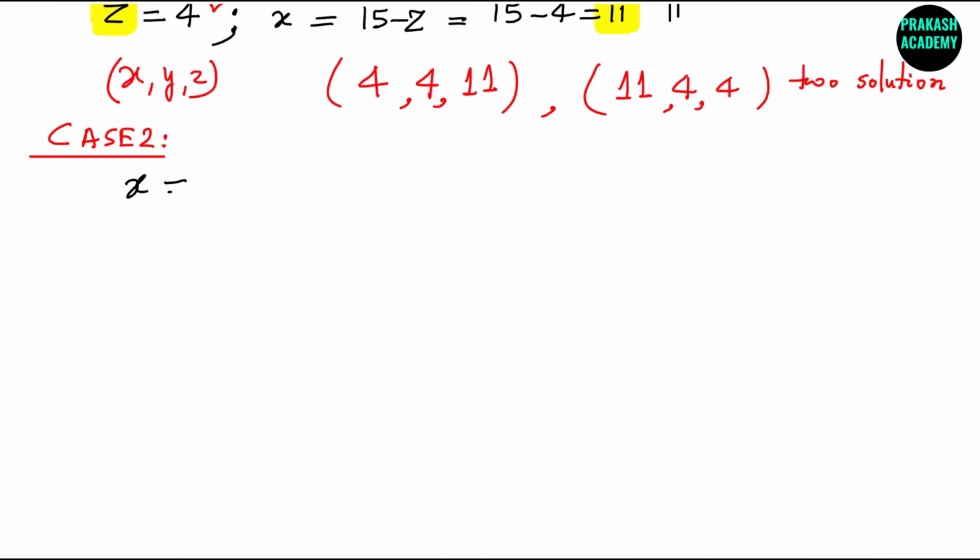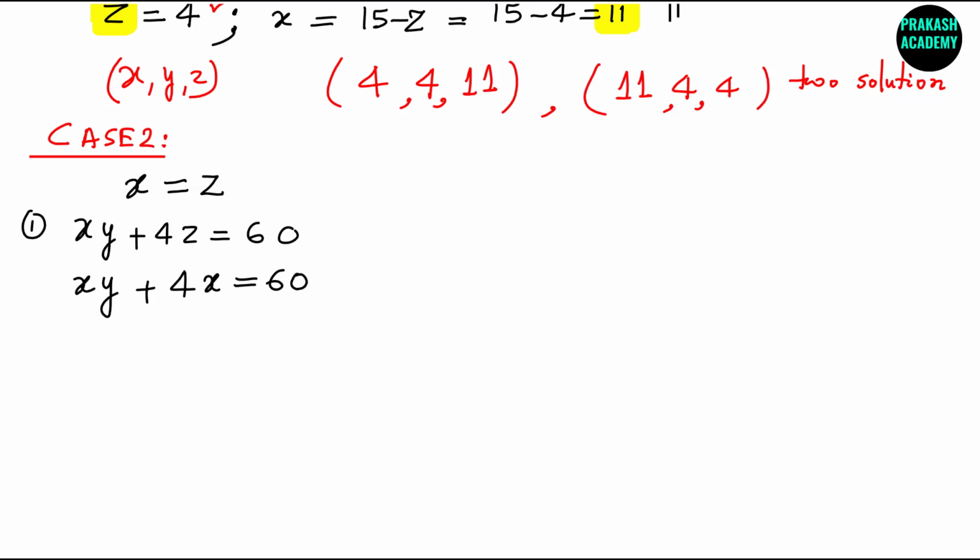So if x = z, in that case, equation 1, which was xy + 4z = 60, we plug in x = z. I can rewrite it as xy + 4x, in place of z we place x because z and x are equal. And equation 3 was xz + 4y = 60.